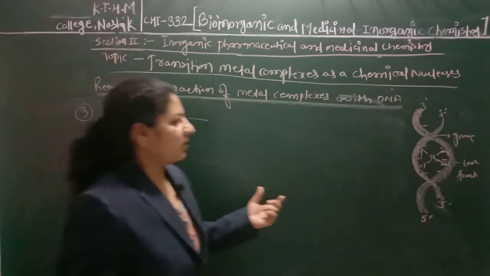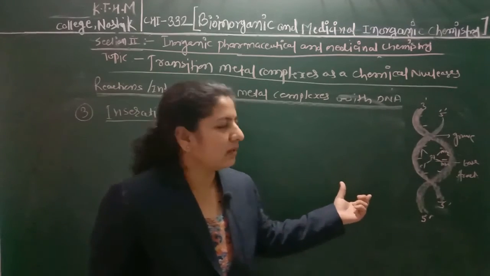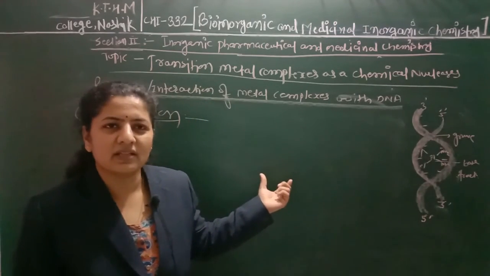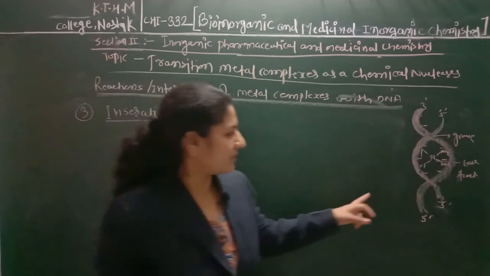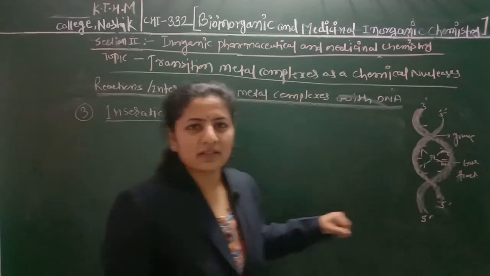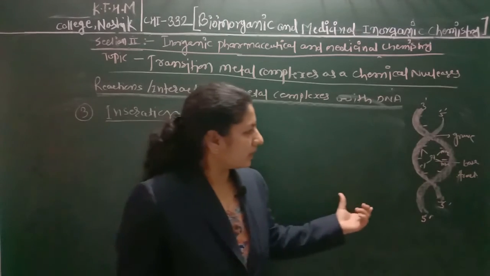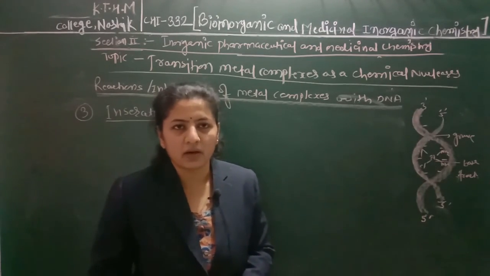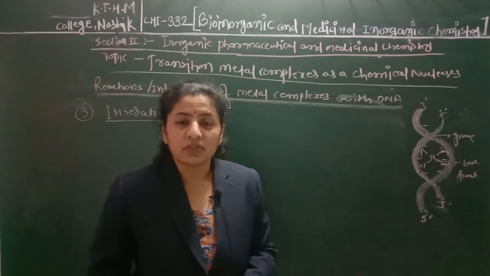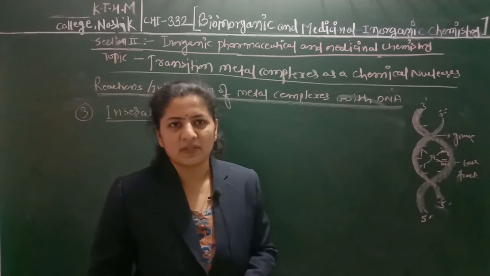In metal complexes we know that there are various complexes which can interact or insert in DNA base pairs. Which ones are they? Let's discuss. The criterion for insertion in DNA base pairs is that it can perfectly bind or find the position, the specificity, in DNA base pairs.